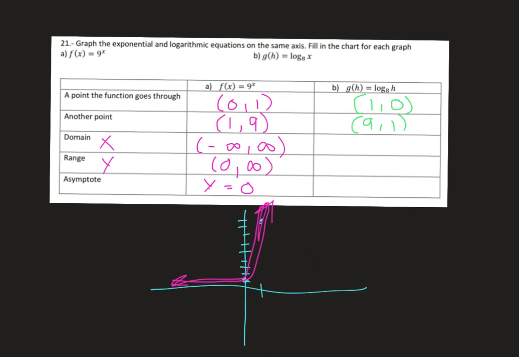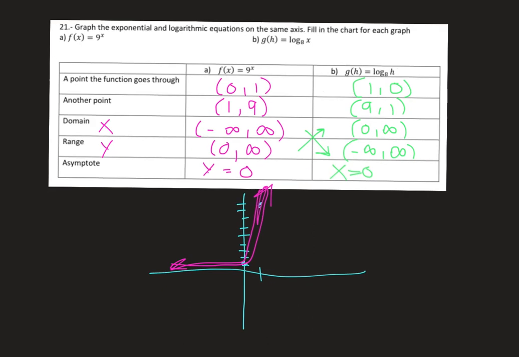And then the domain, which is the x values, becomes the range, which is the y values. So the domain is going to be 0 to infinity and the range is negative infinity to infinity. Then we have our asymptote, which changes from y equals 0 to x equals 0.